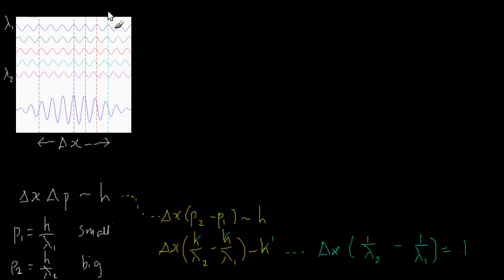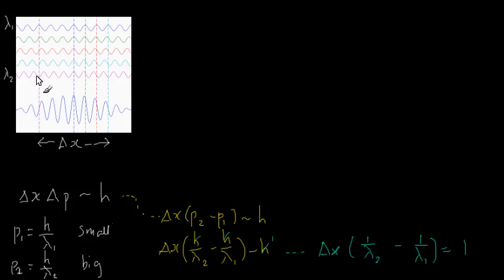So that's the place where we start getting more serious cancelling, destructive interference. And at this place, the longest and shortest waves are off by half a wavelength.